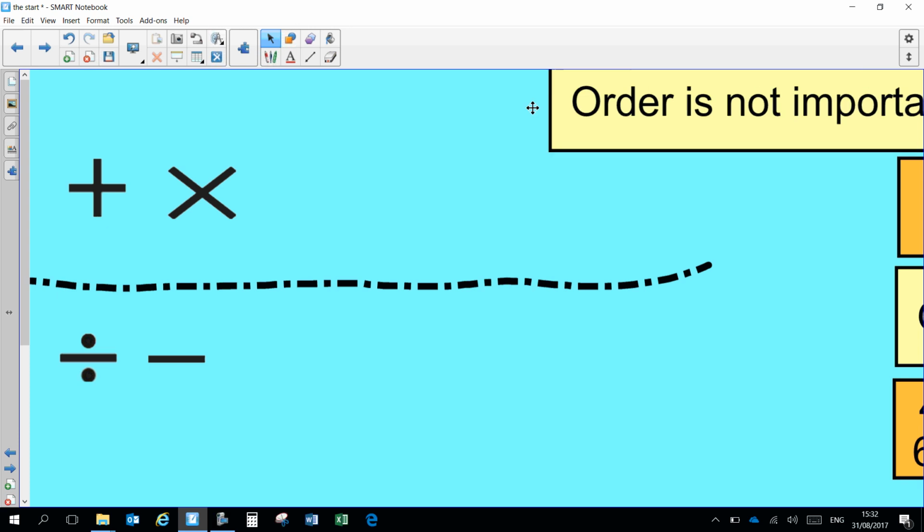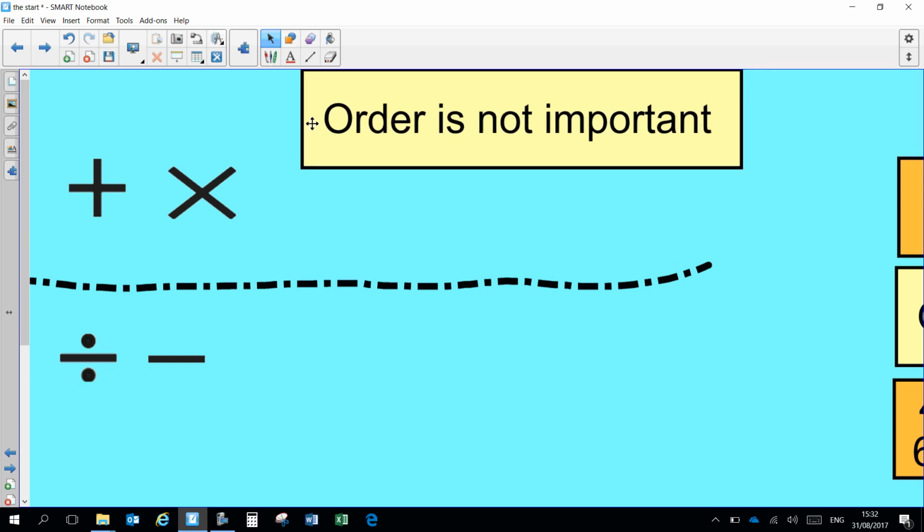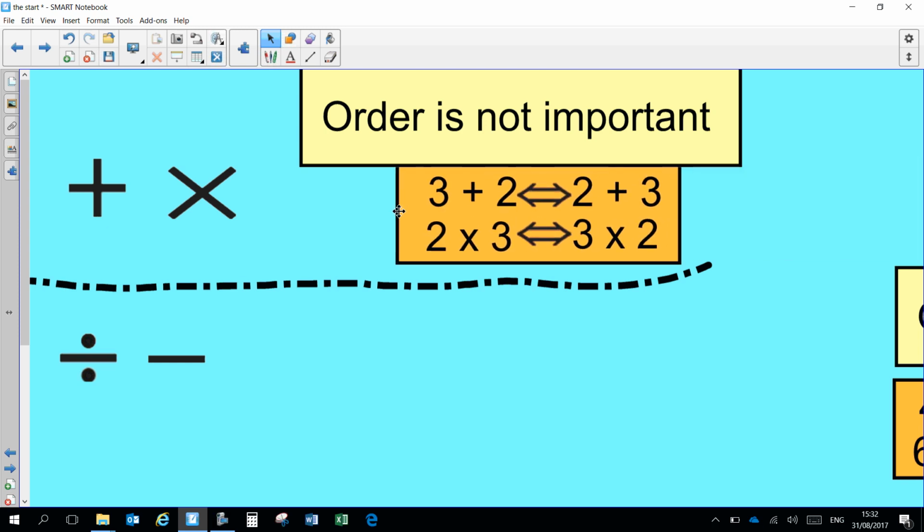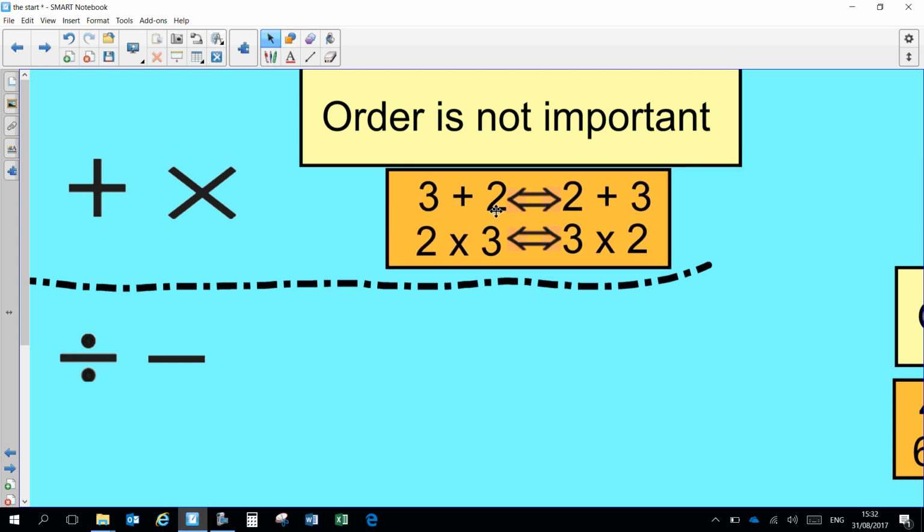Well, the important factor is when you're using these on their own, with an equation with an addition in or a multiplication in, not together, because that's going back to BODMAS, then order is not important. What do I mean by that? 3 plus 2 is equivalent to, the same as, that's what that sign means, 2 plus 3. Obviously 3 plus 2 is 5 and 2 plus 3 is 5. And 2 times 3 is 6, exactly the same as 3 times 2.